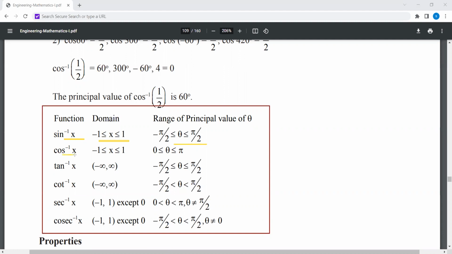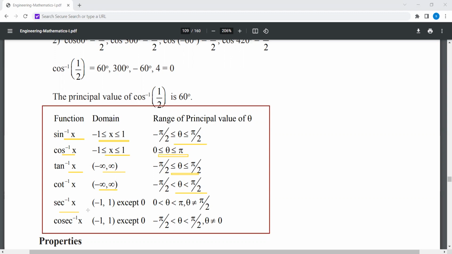Cos inverse of x: domain is minus 1 to 1, and theta is 0 to pi, that is 180 degrees. Tan inverse of x: domain is minus infinity to infinity, and theta is between minus pi by 2 and pi by 2. Cot inverse x: domain is minus infinity to infinity, and theta is between 0 and pi.